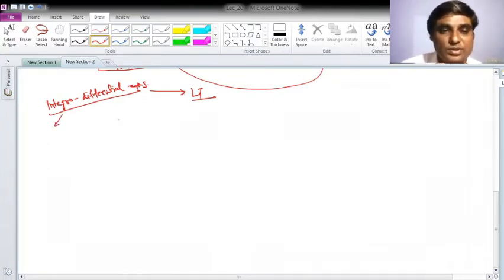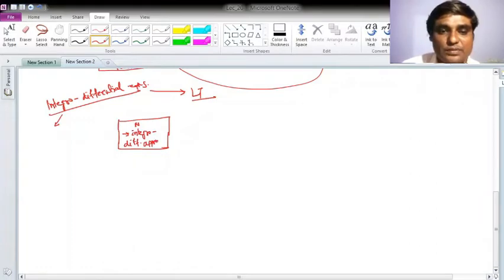So what is the case till now, whatever we have seen? I have a circuit, and I have represented the circuit using the integro-differential approach.